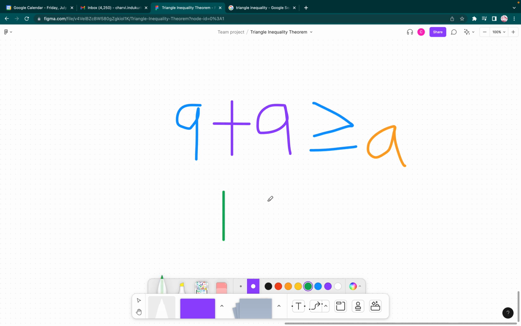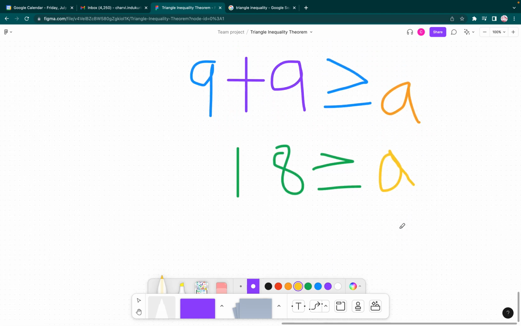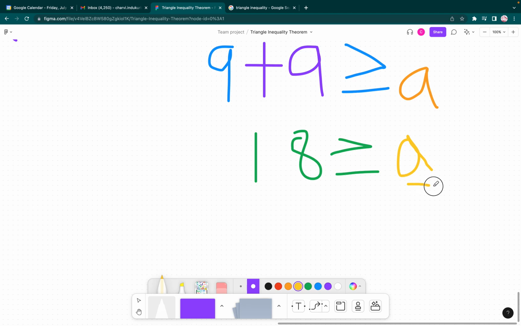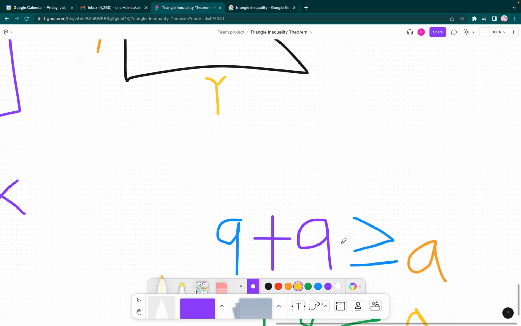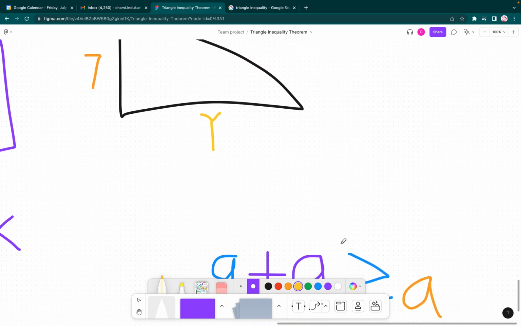We've got 18 is greater than or equal to A. So that means A is equal to 18 or A is less than 18. If you guys said that, good job, you guys are getting it.